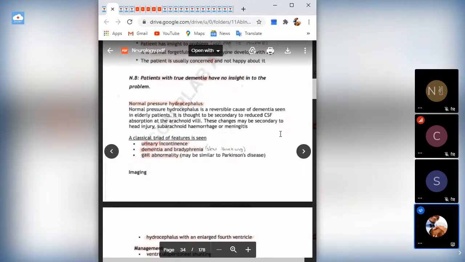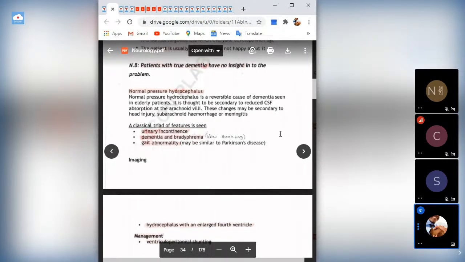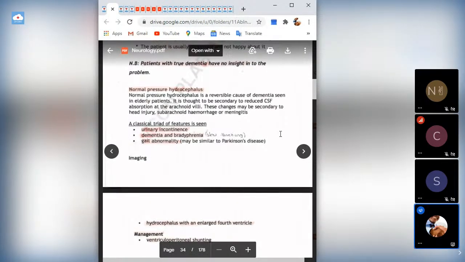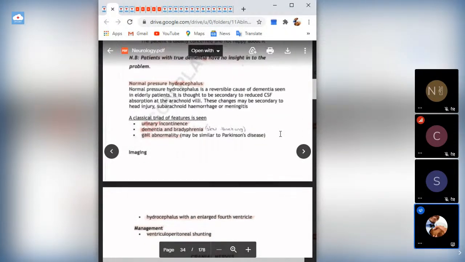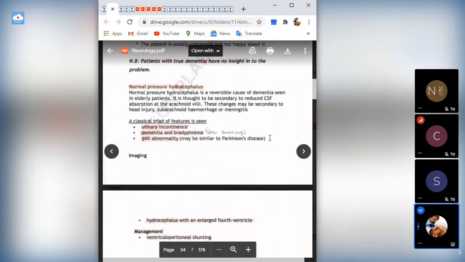Then there's this other thing about normal pressure hydrocephalus, and it's said to be a reversible cause of dementia seen in elderly patients. Okay, so it's a differential of dementia. Why? Because it is reversible. Among all these causes of dementia that we mentioned, which other one do you think is reversible?